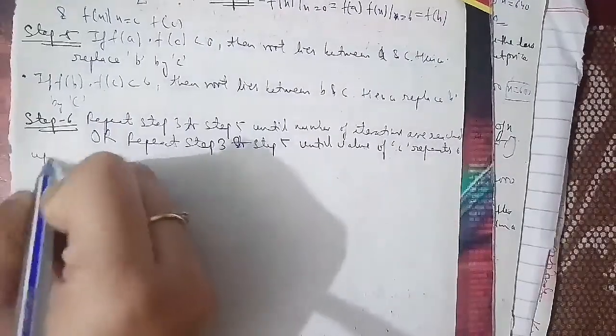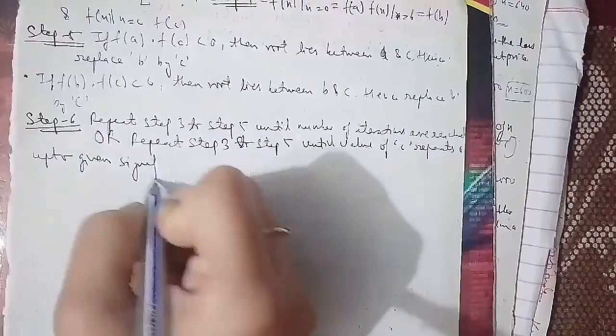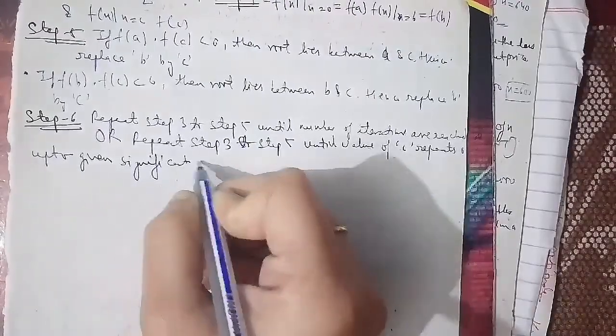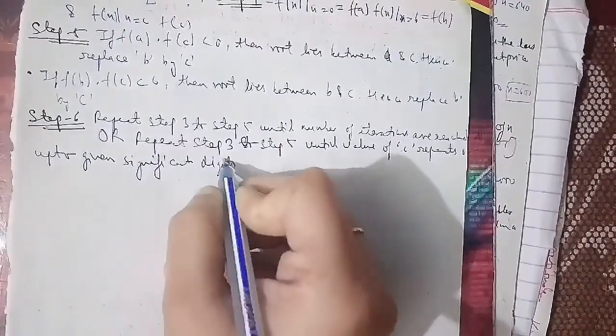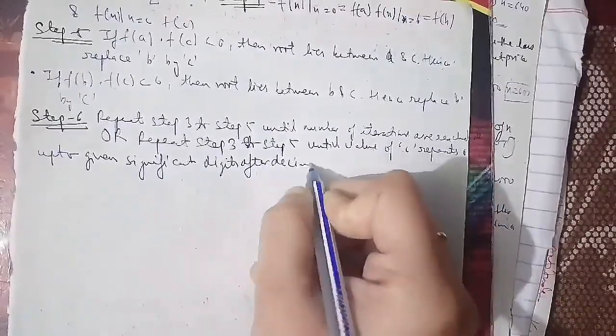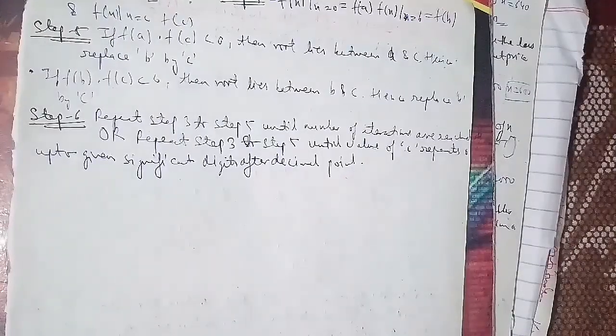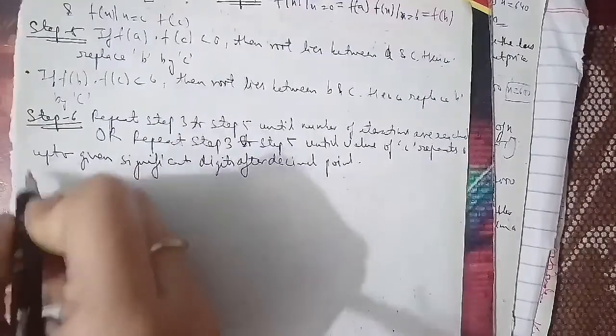So now we'll go ahead for step 7 as well. For step 7, the approximate value of a root is equal to the center point of the latest interval.